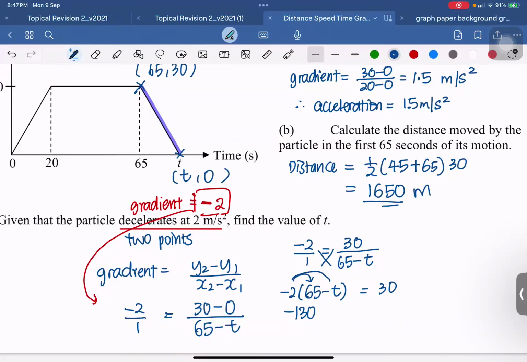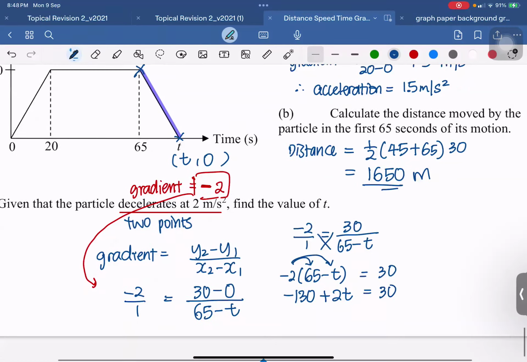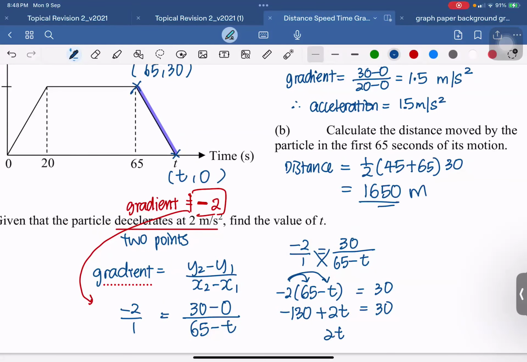This one times this one. Then how to find t? Move negative 130 to plus 130. So 30 plus 130, 2t equals 160, t equals 80. Answer. Is this okay?